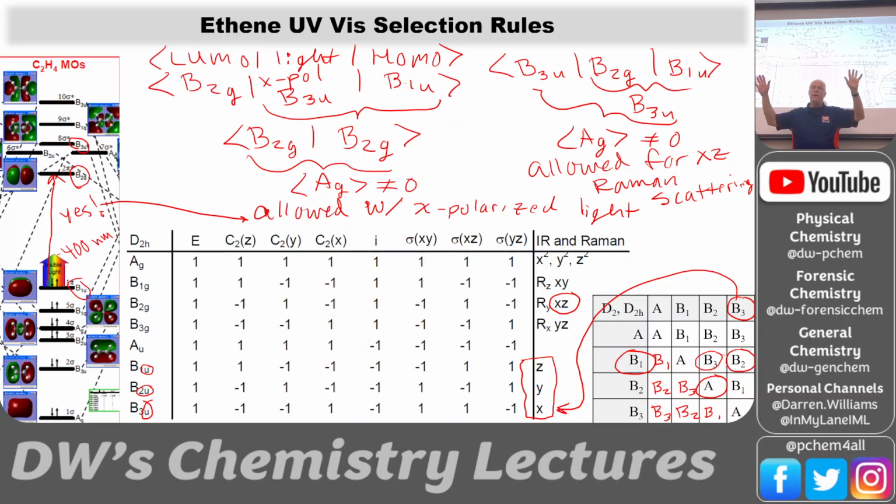If there wasn't anything at all in the whole table, then it would also be forbidden. But we saw that a B2 in the middle would cause us to get the top row. And then we just look to see, is there any kind of light that would allow that transition? And yes, a Raman experiment would allow that transition.